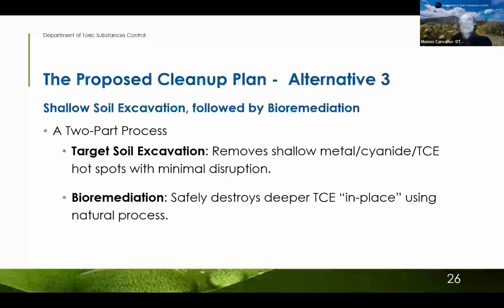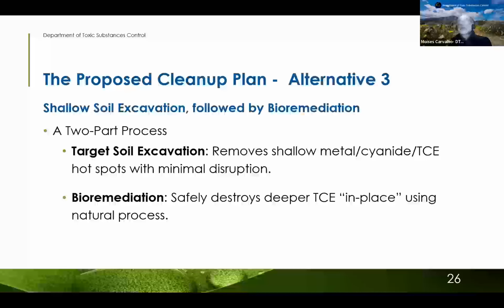Contamination near the surface will be dug up and hauled away. This is a much smaller and more manageable job, about 3,000 cubic yards instead of the 15,000 cubic yards for alternative 2, the deep excavation. This would drastically reduce the traffic along the neighborhood streets, and the dust emissions.